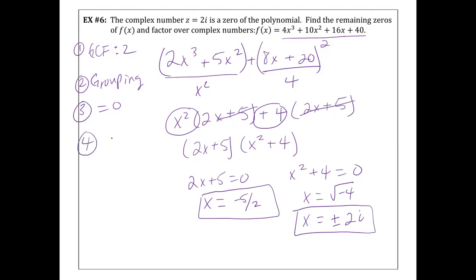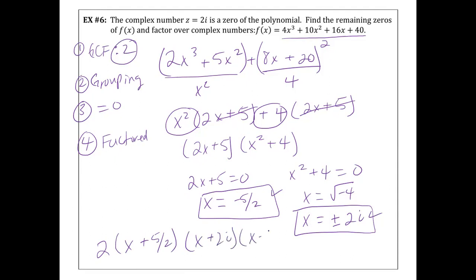So then step 4 is to write in factored form. Factored form is you're taking into account all of your factors. This is a factor, this is a factor, this is a factor. So our answer would be 2x plus 5/2 times x plus 2i times x minus 2i. And that is my factored form.